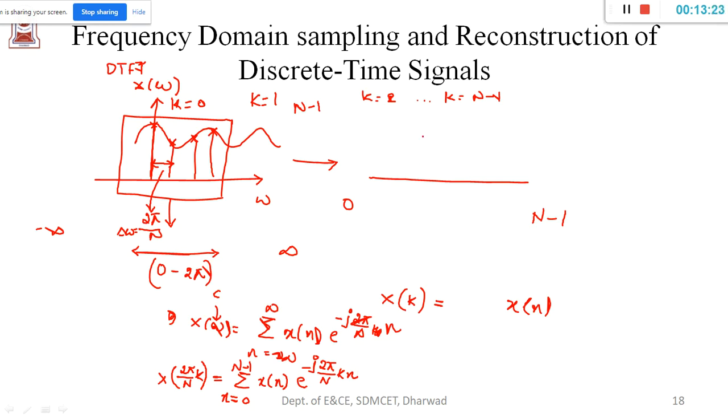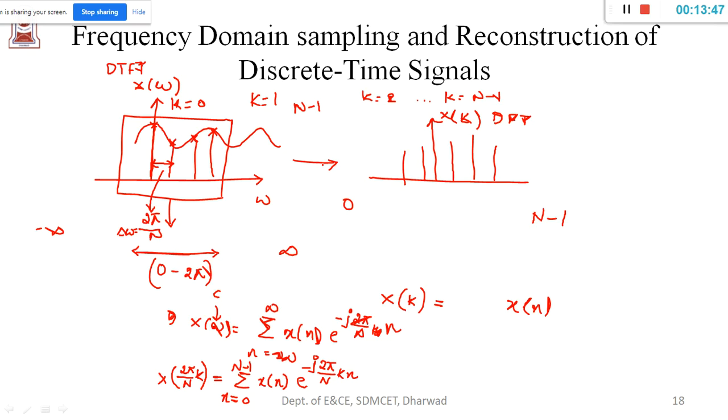So what happens here? My x of k is nothing but a sampled version of the DTFT. Do you agree? This is the DTFT signal, and this is the DFT signal, which is nothing but a sampled version of my DTFT signal.